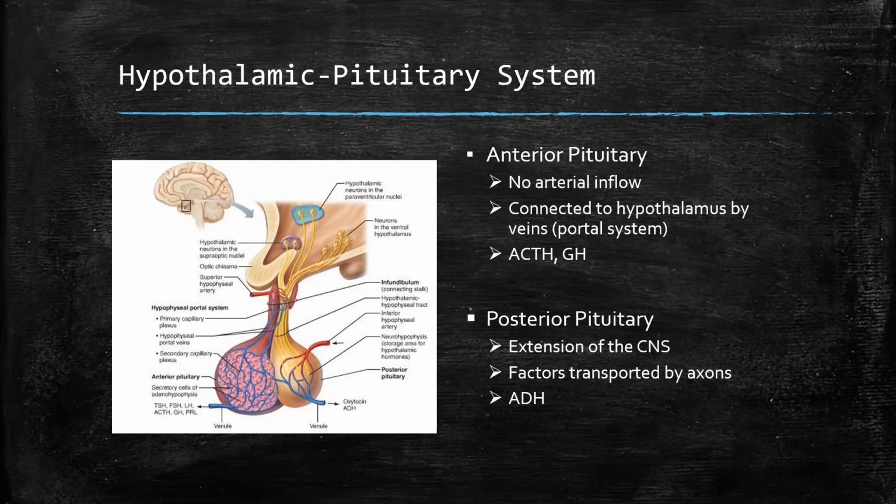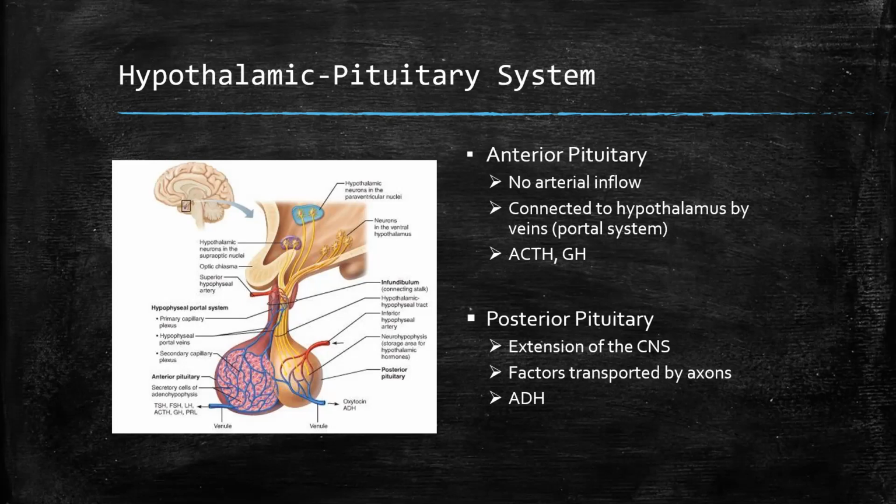from the anterior pituitary. For our purposes, in the trauma setting, we're only really going to be concerned about ACTH and growth hormone. The others, like thyroid stimulating hormone, are important, but not germane to today's topic. The posterior pituitary is an actual part of the brain, so it's an extension of the hypothalamus, and it's connected to the hypothalamus by neurons.